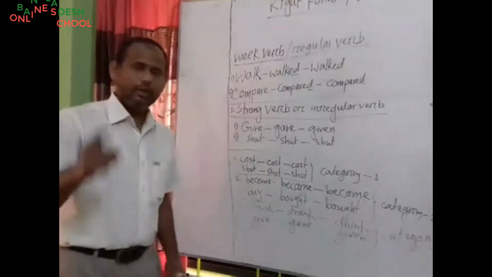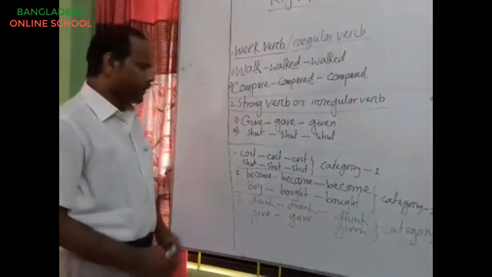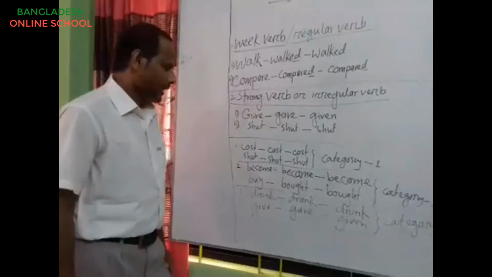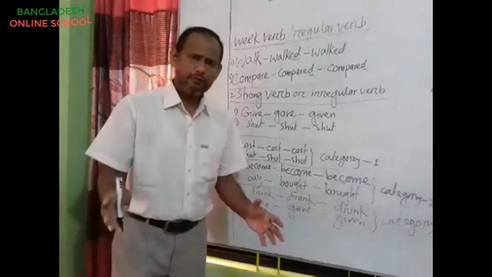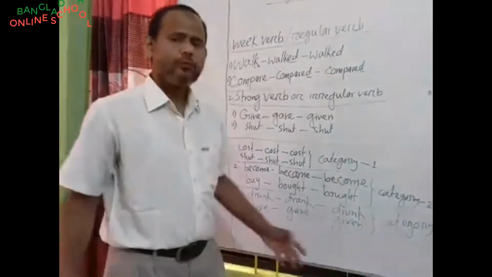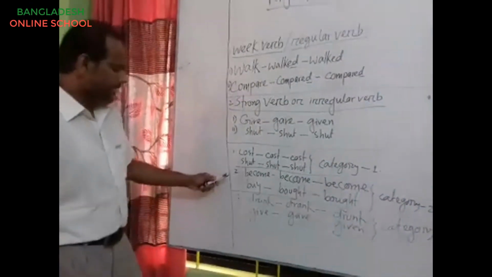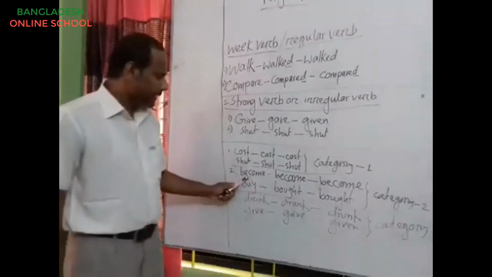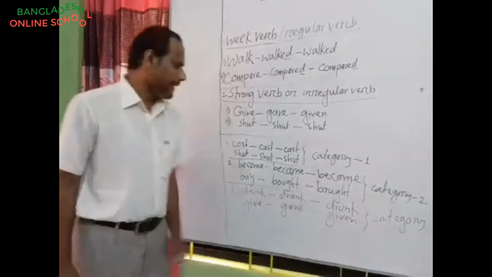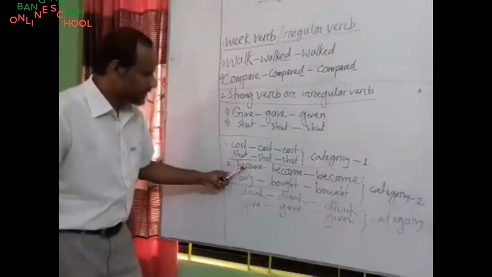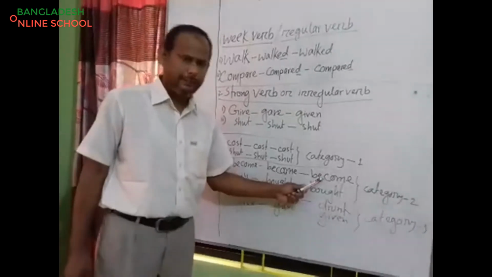So in this way, strong verbs are formed. This is category 1. In category 2, among the three forms of verb, two forms of verb will be the same. You see example: become, became, become. Here, base form or present form and past participle form are the same.